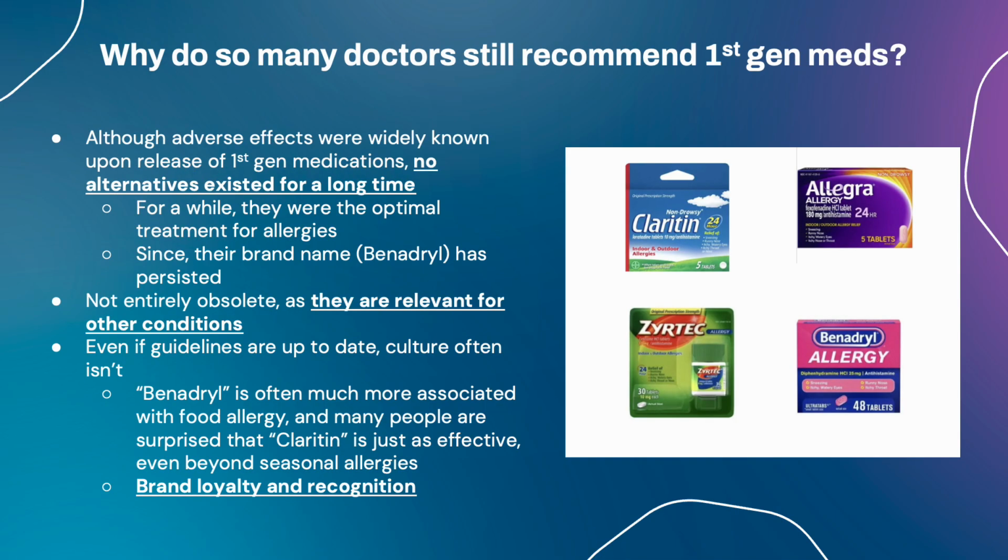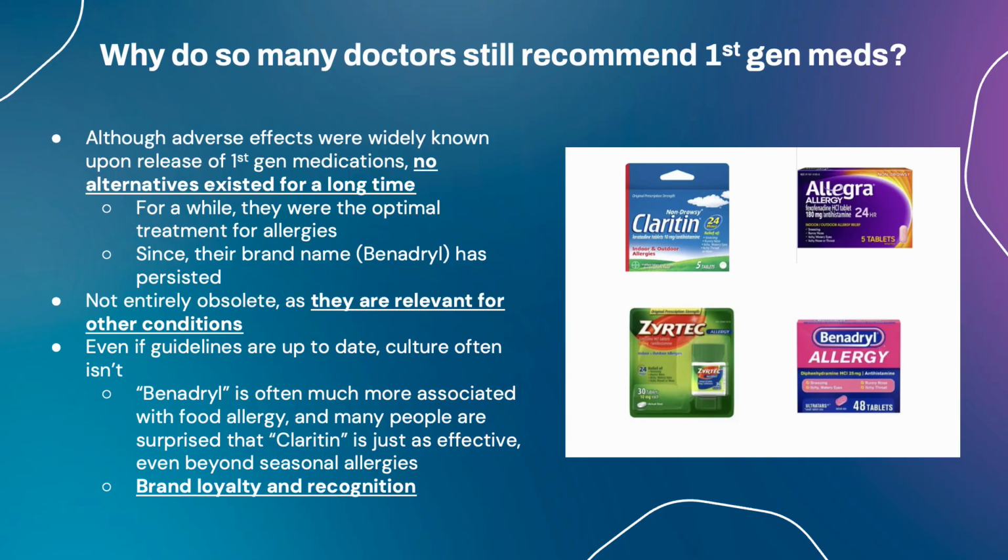So I want to end on a reflective note and just think about why doctors are still recommending Benadryl. Why is it that when a child is handed a food allergy action plan in an allergist clinic, more often than not, it's still the name brand drug that's listed on those action plans?